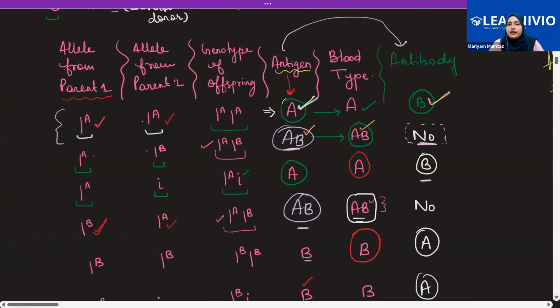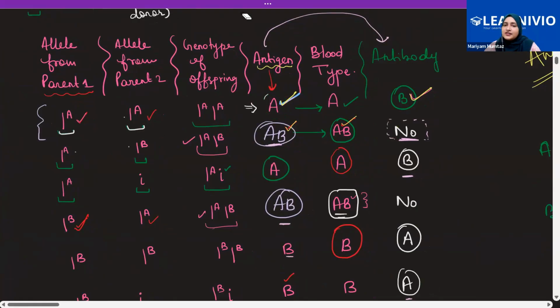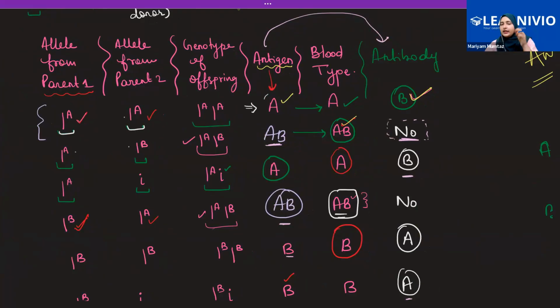Now see, if the antigen present on the RBC surface is A, the blood group is A for that person, and the antibody it will make will be against the B blood group. So for example, if a person with blood group A gets blood from a person with blood group B, then the A person's antibodies are going to attack the B blood, and clumping will happen in the body.